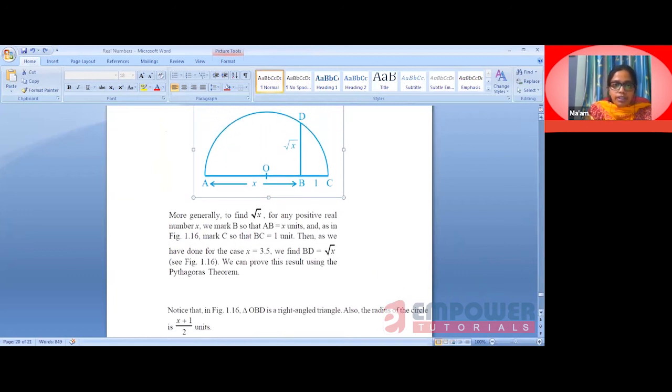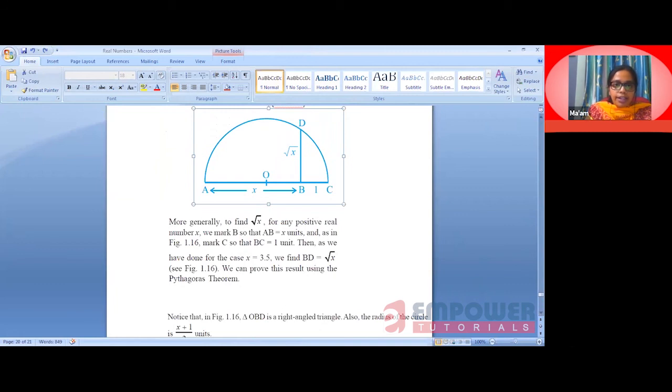If I add a line over here, this will be the right angle triangle OBD.